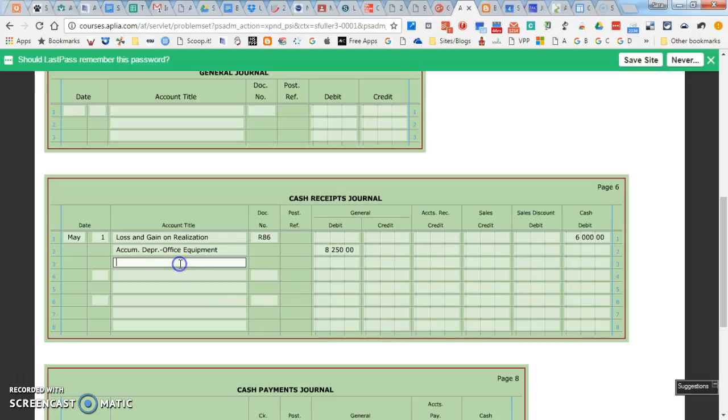And then our bottom line is office equipment, and it's going to be a credit of $15,000. And so to calculate this loss or gain, you take your $15,000 minus $8,250 minus $6,000, and it's a debit then of $750.